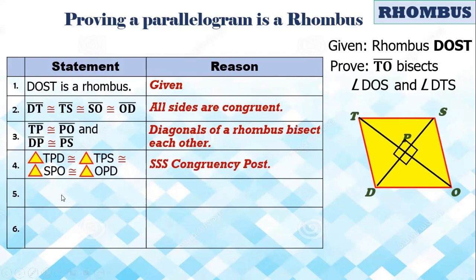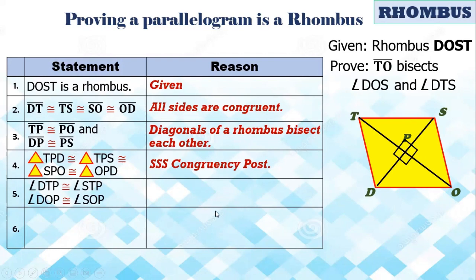So now that we have congruent triangles, we can now say that angle DTP is congruent to angle STP. Also, angle DOP, this one, is congruent to angle SOP.